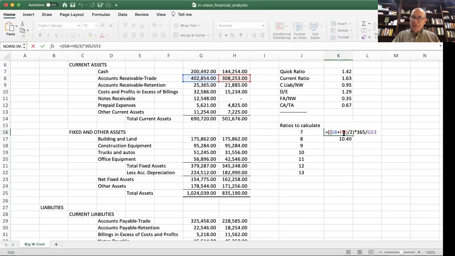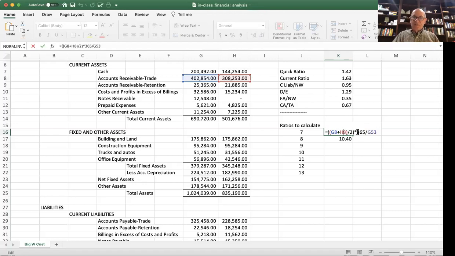And instead of H8 here, instead of the 308, that number will be 308 plus the 21, and that's the only difference in this calculation. You then take it times 365, and you divide it by 2.